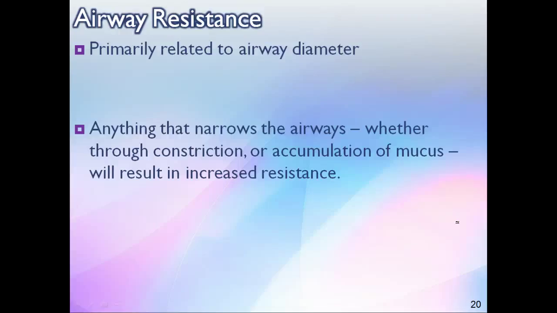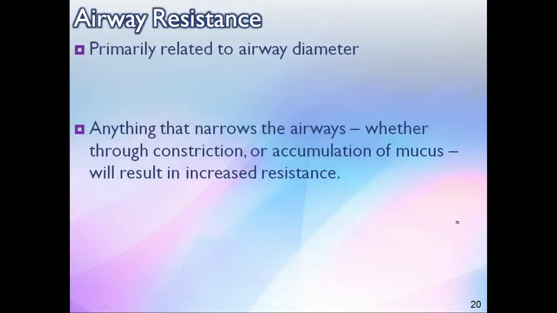Now, airway resistance can be manipulated through bronchial constriction and bronchial dilation via manipulation of the smooth muscles that surround the bronchioles. This diameter, however, can also be affected, and airway resistance can also be affected by anything that is found coating the bronchioles.